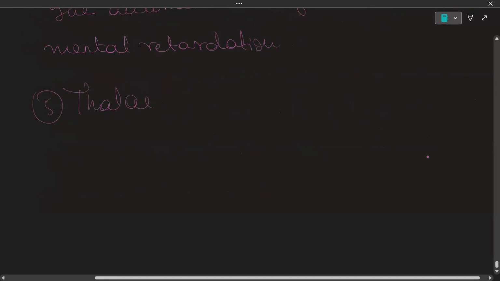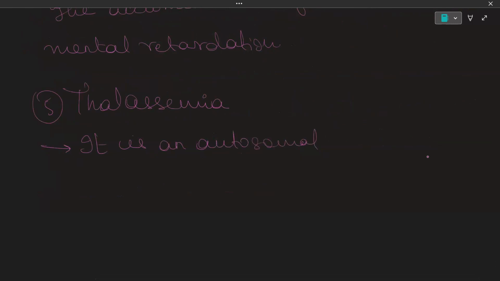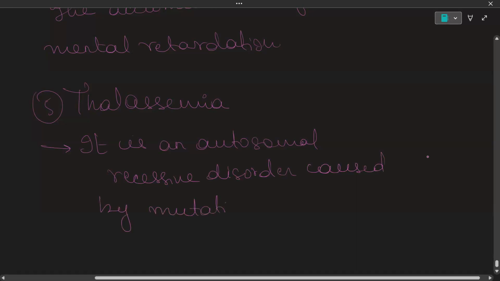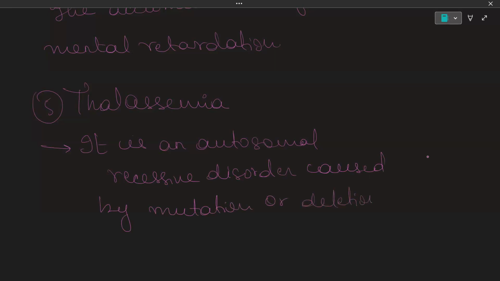So, talking about thalassemia, it is an autosomal recessive disorder caused by mutation or deletion. Now, what happens here?